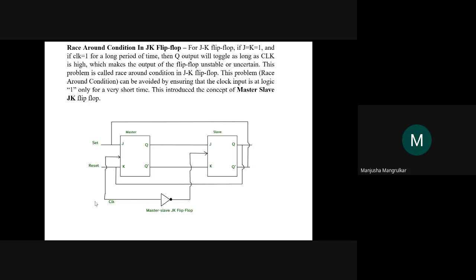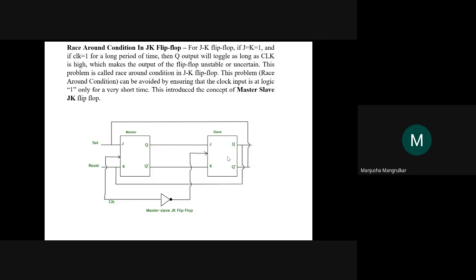But when the clock is 0, the master will not work, don't care, but this is inverse, this is 1, so this slave will work, right? So the clock is reversed and connected to the flip-flops, right? So this will recover the problem when the clock is 0, right? When the clock is 0, again no change, again the clock comes up, it is a continuous clock cycle.